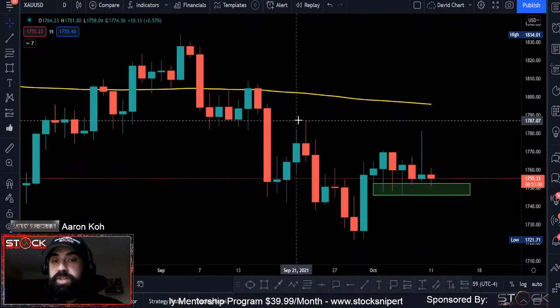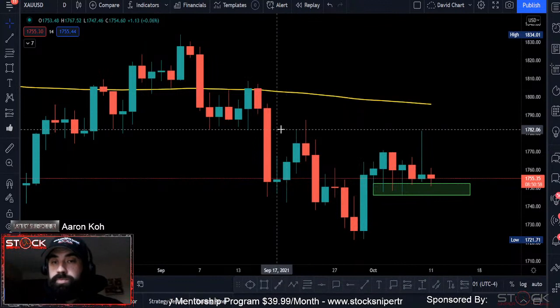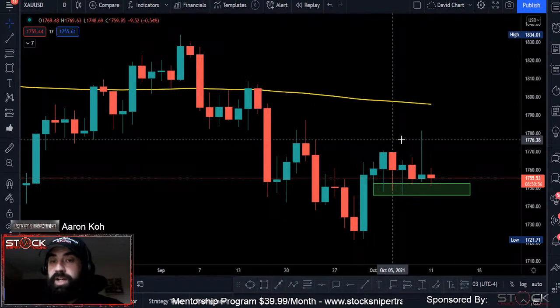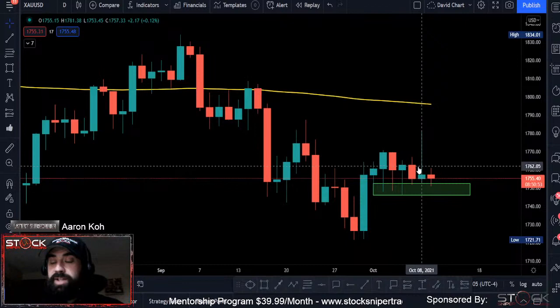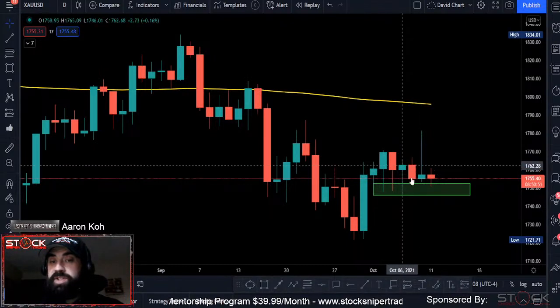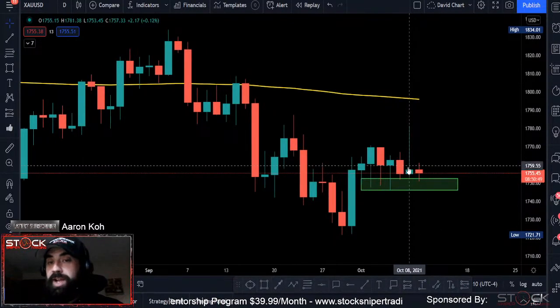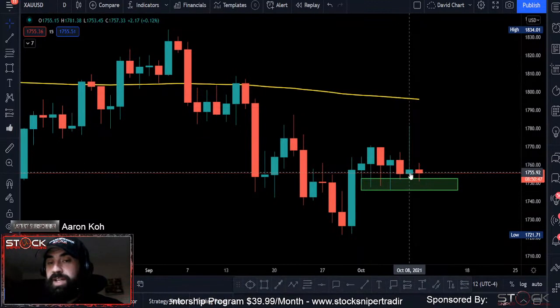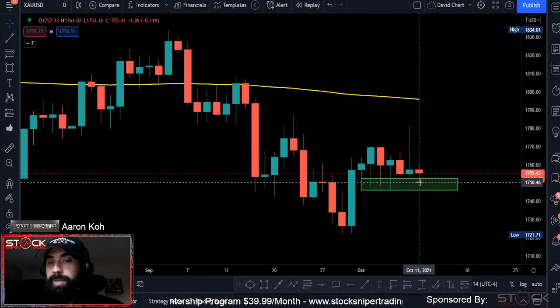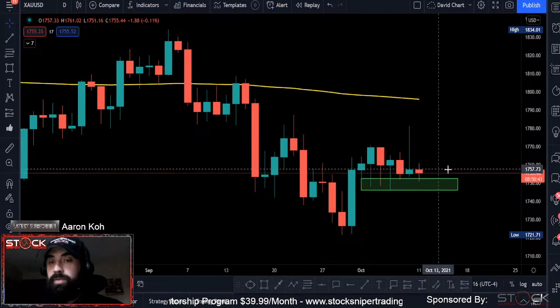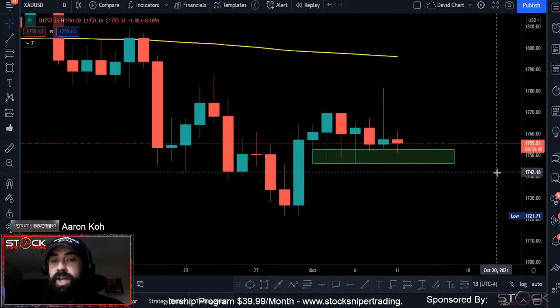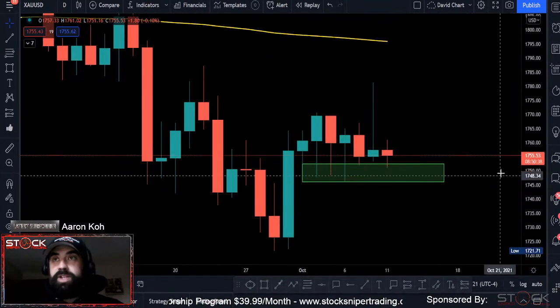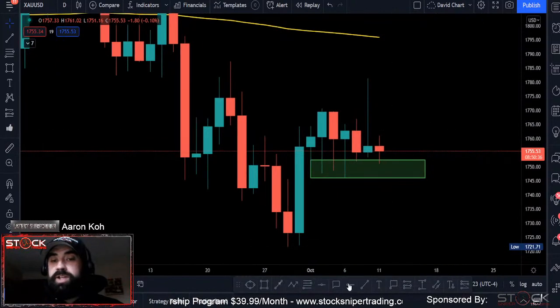They were trying to break previous structure at 1782, and then sold back down, opening below this previous candle right here, very bearish. Now it is opening bearish, bouncing in the demand, and currently hovering in indecision. That's why I was mentioning to use smaller lot sizes today, guys. Just keep this in mind.